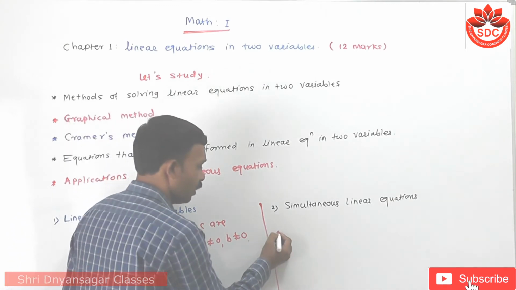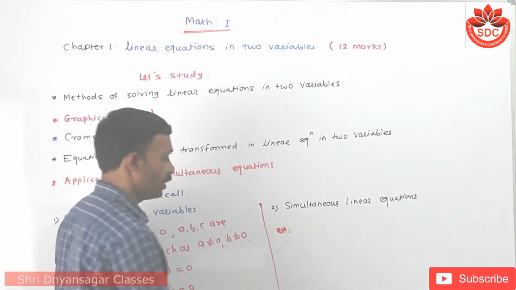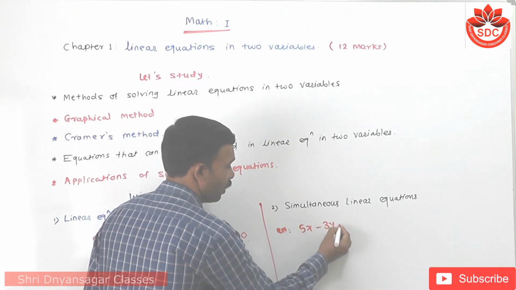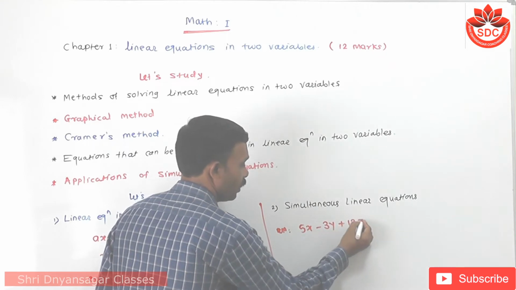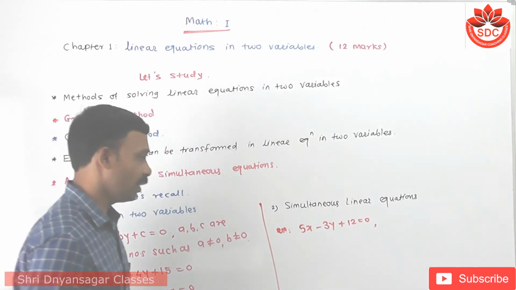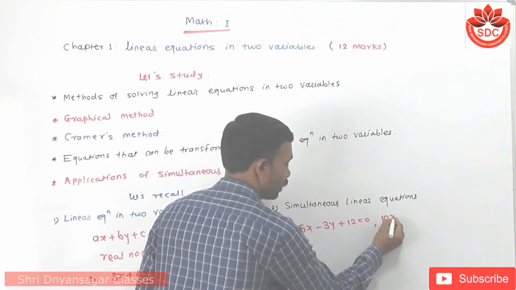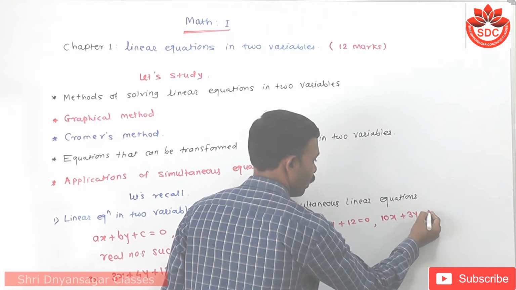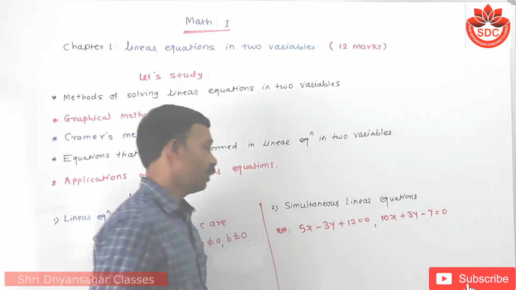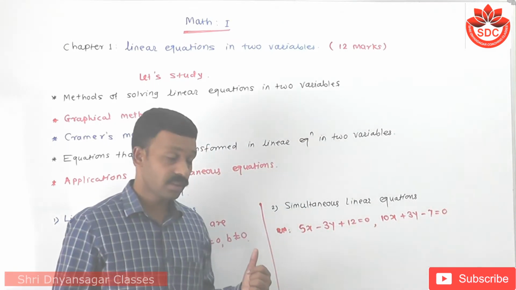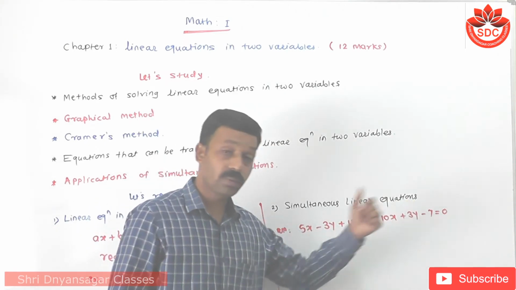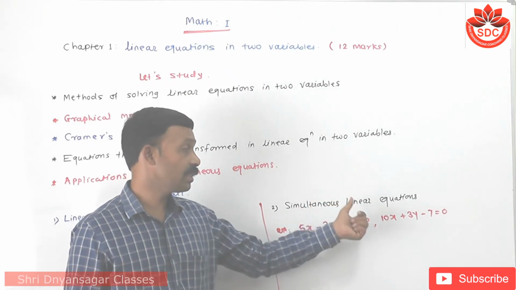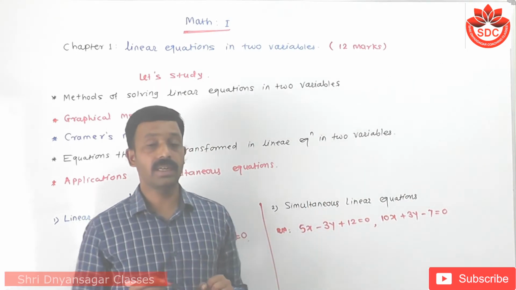For example, suppose 5x - 3y + 12 = 0 and another one is 10x + 3y - 7 = 0. If you take these two equations, each of degree 1, and you have to solve them together, then they are called simultaneous linear equations. Can you understand up to this?